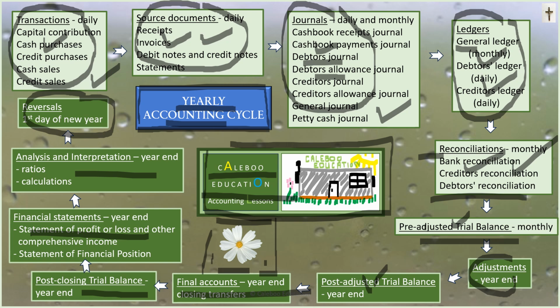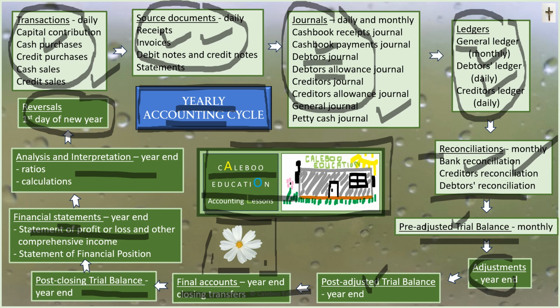That happens on a monthly cycle. The yearly cycle includes all this information in the dark green blocks. That's what happens at year end, and you calculate whether you've made a profit or a loss in accounts and financial statements.